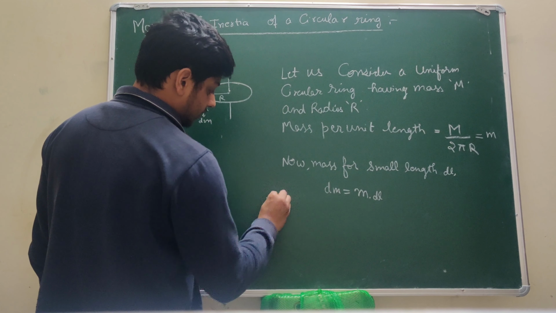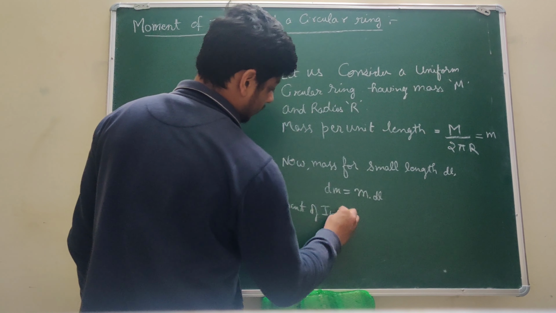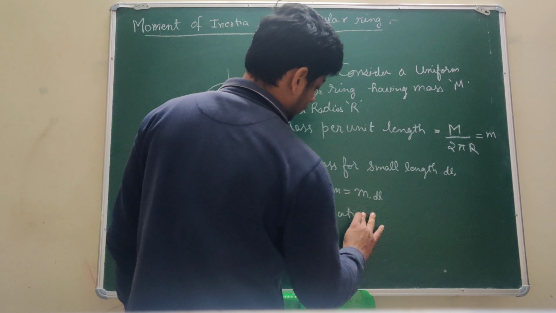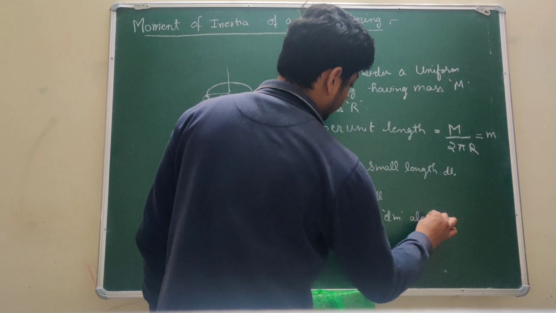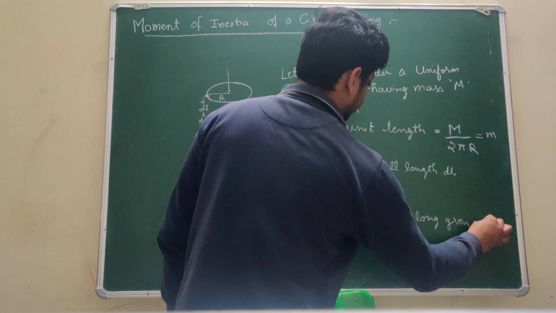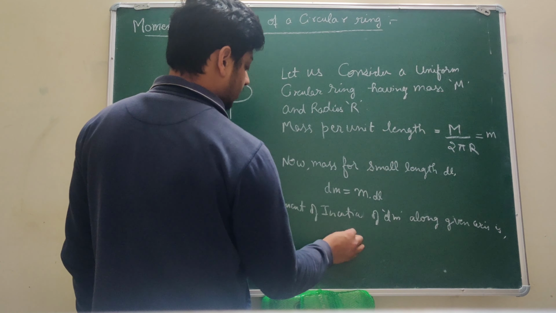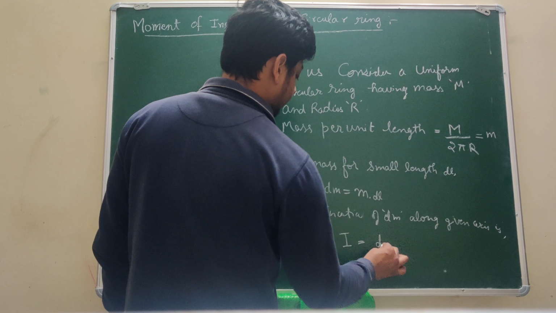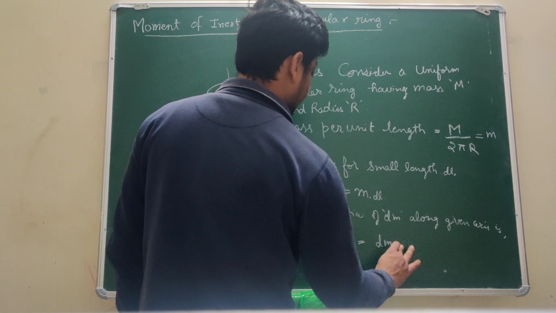The moment of inertia of dm along the given axis is I equals dm multiplied by capital R square.